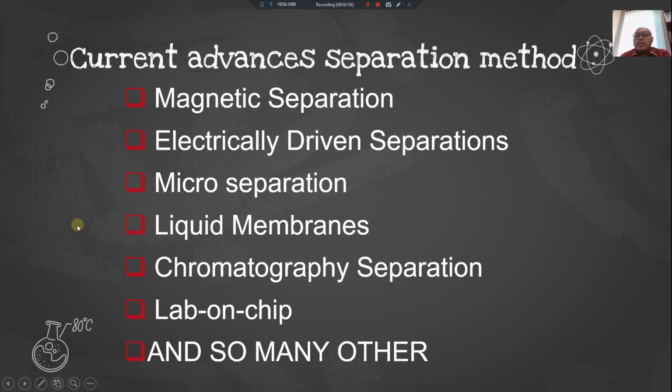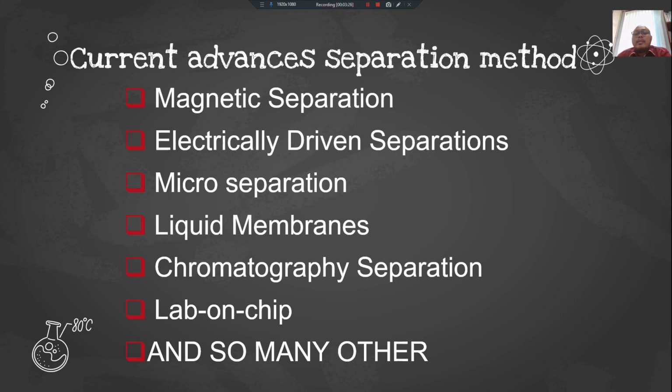We do have magnetic extraction, electrically driven extraction, microextraction, liquid membrane, chromatography extraction, lab on chip, and so many others. Current advanced extraction methods are good, but a lot of them have not been used as the standard method, because they are still new. But they are promising.